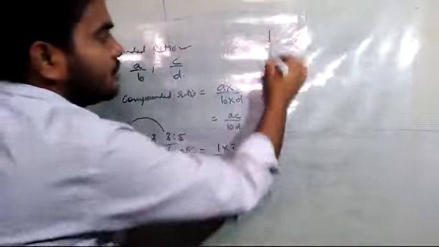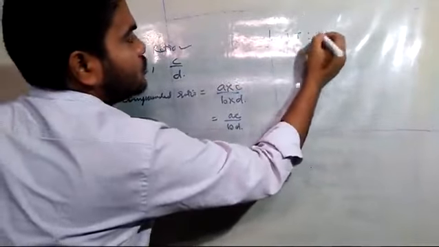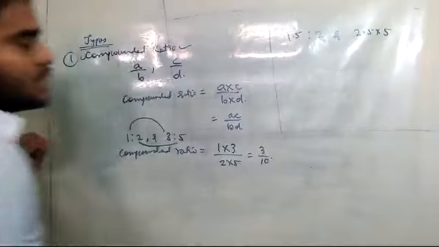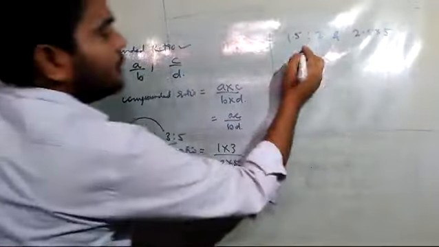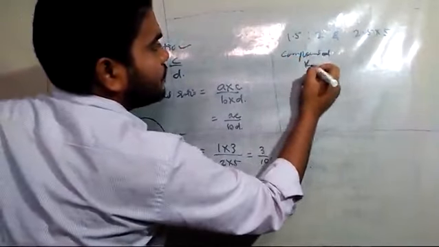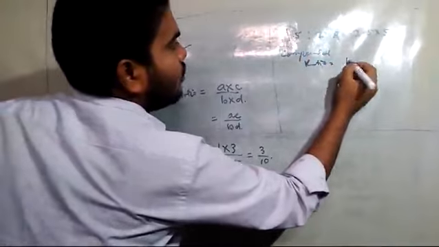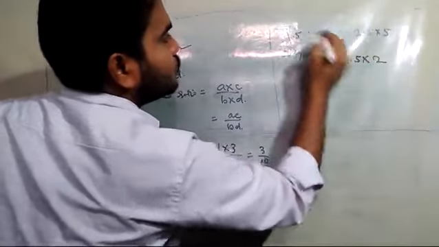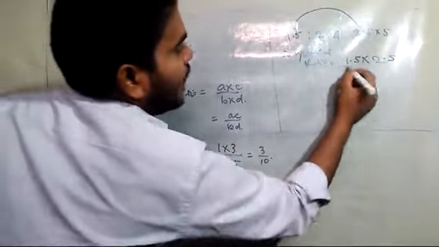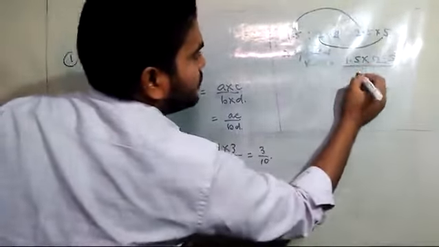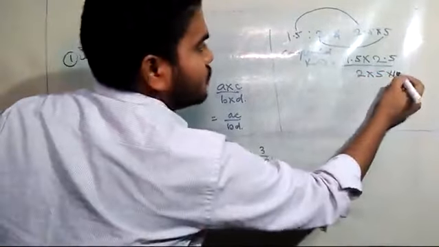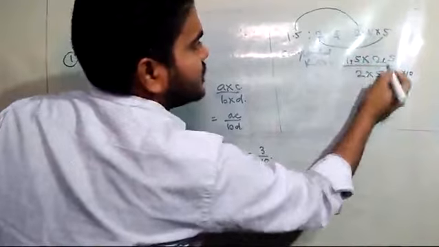If I have other numbers like 1.5 is to 2 and 2.5 is to 5, what will be its compounded ratio? It will be 1.5 multiplied with 2.5, upon 2 into 5, consequent with consequent. Now to remove this decimal, I multiply by 10 and 10, and the decimal is gone.